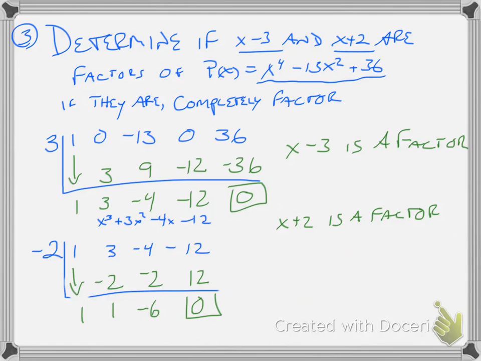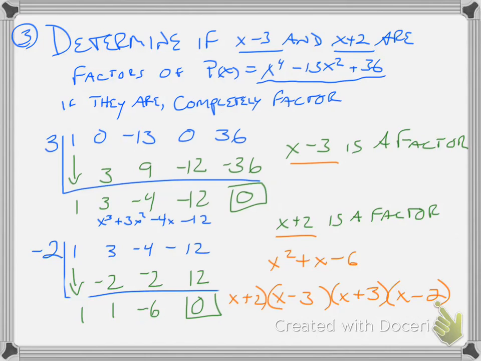And then to completely factor it, I'm left with x squared plus x minus 6, which factors into x plus 3 times x minus 2, and then I'm going to include the other two factors, x minus 3 and x plus 2. This is completely factored.